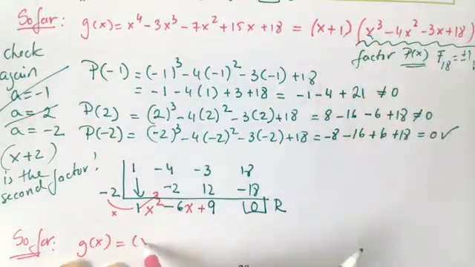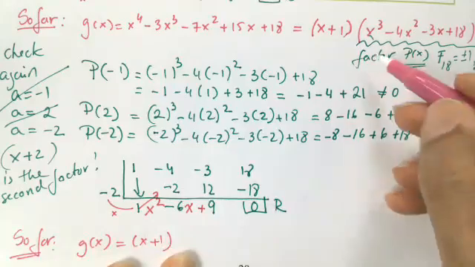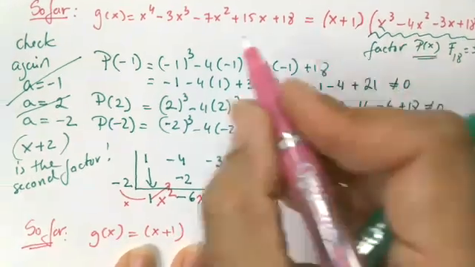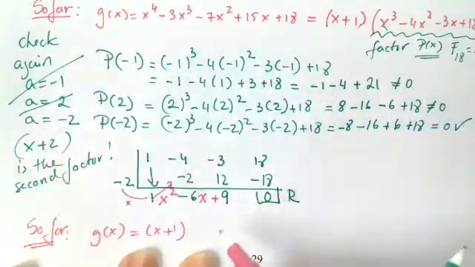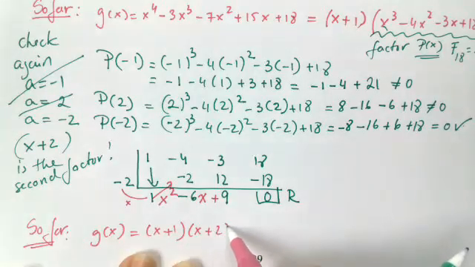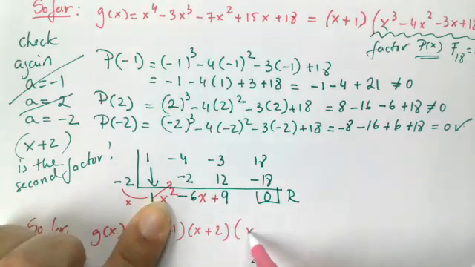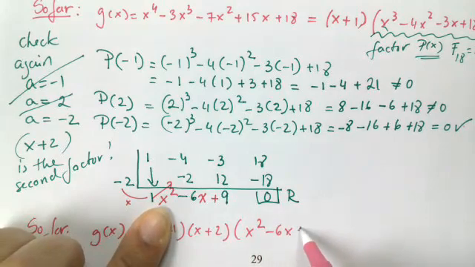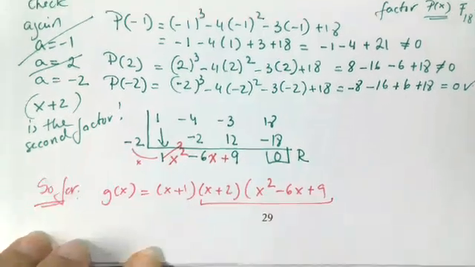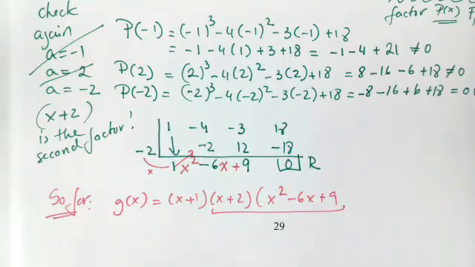So x plus 1, but now this term here is the x plus 2 we just found, and this quadratic. We have 2 linears and 1 quadratic.